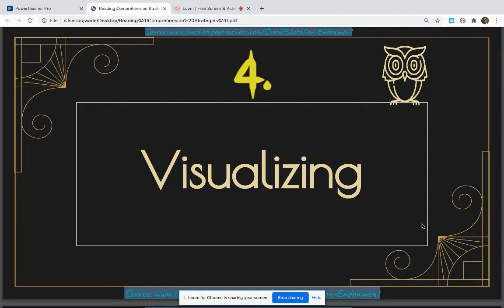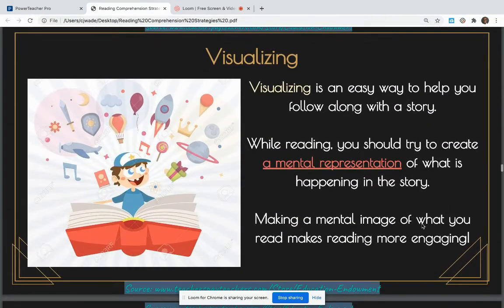While I'm reading a book, one of the first things that I want to do is visualize. I want to create that movie in my head, a mental representation of what is going on in the book. That means I am using the author's descriptive words to influence the picture that I am painting inside of my head.